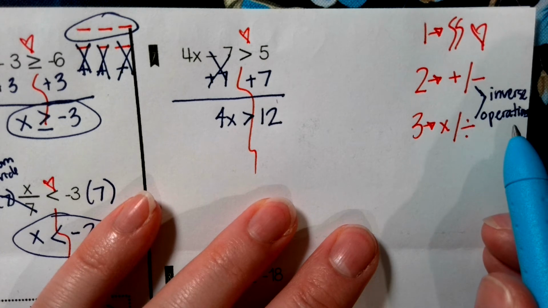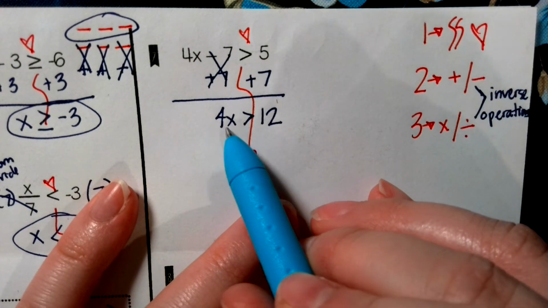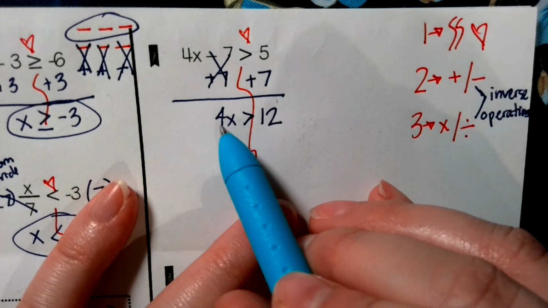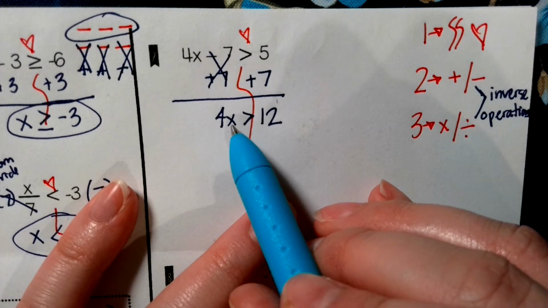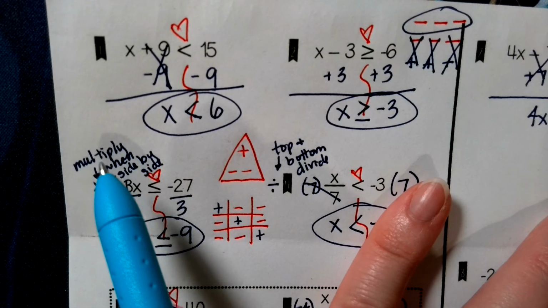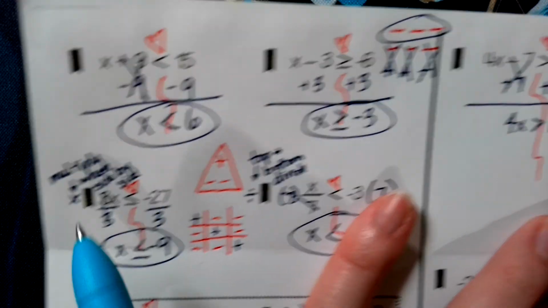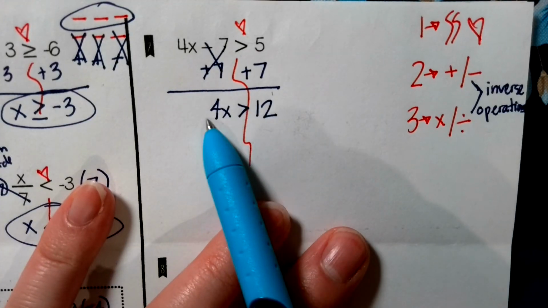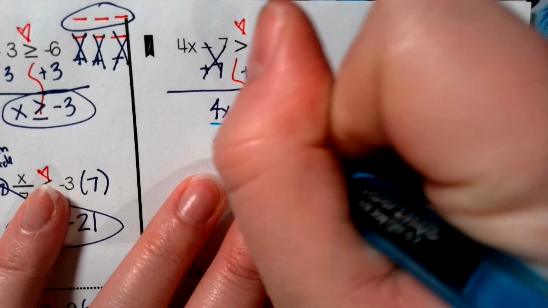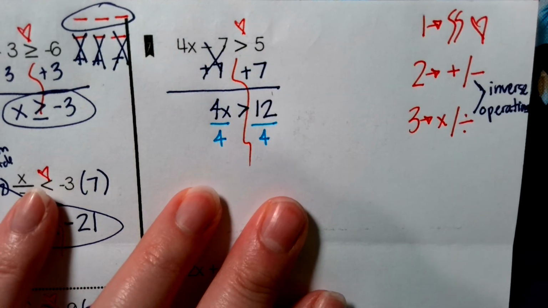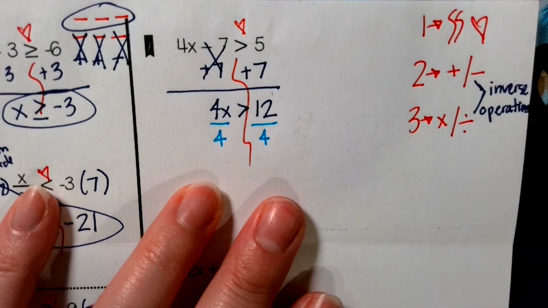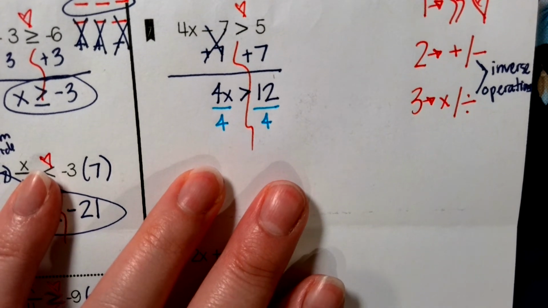Now we need to either multiply or divide, again doing inverse, opposite operations. What does it mean when they're side by side? Remember, if they're side by side, that means that you're multiplying. So what's the opposite of this multiplication? Division. So I'm going to divide both sides by 4.